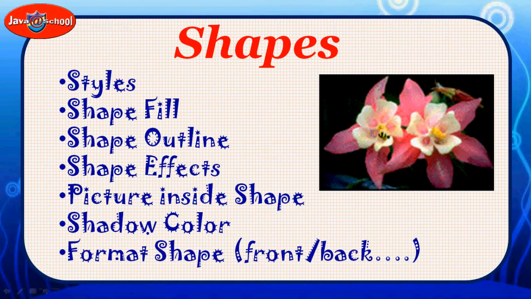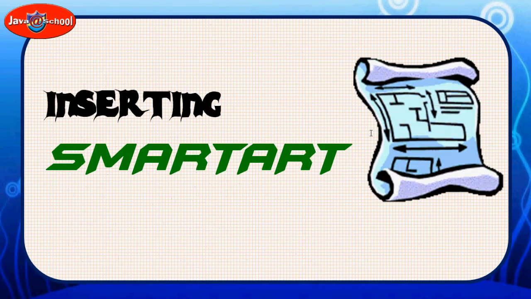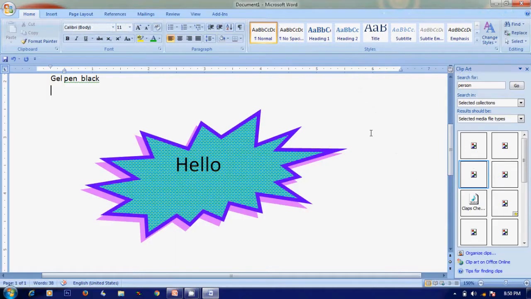Okay, now next one, what is next? Inserting SmartArt. SmartArt is used to show or explain life cycles of certain things, like the life cycle of a butterfly in biology, or a frog, or something like the rain cycle in nature, how it takes place.